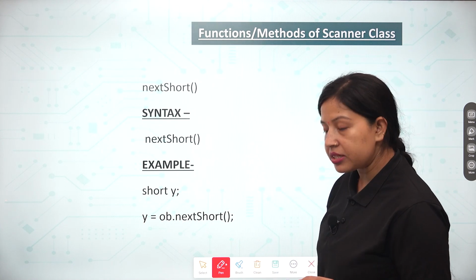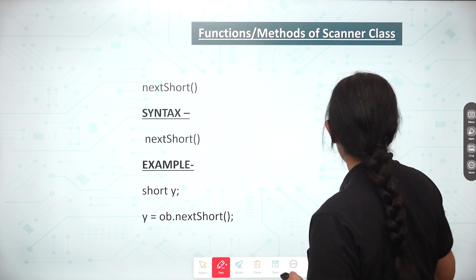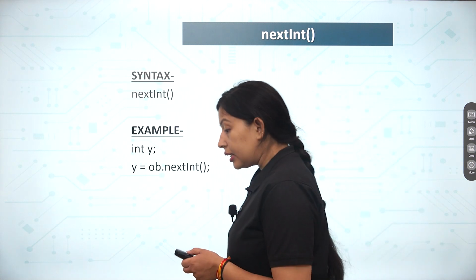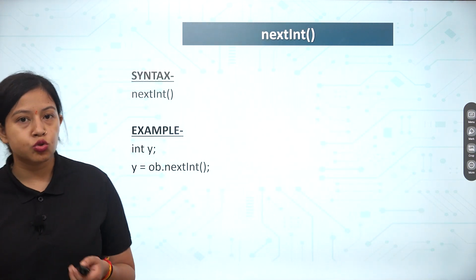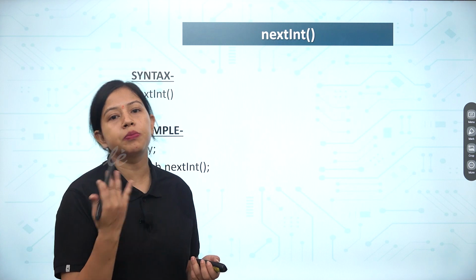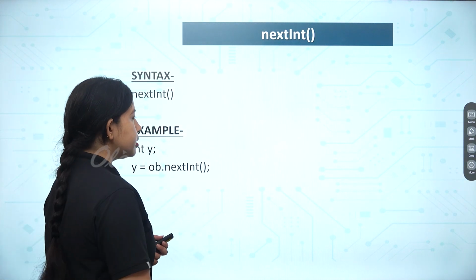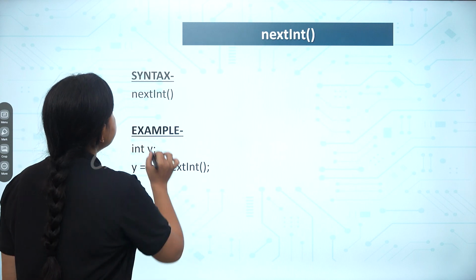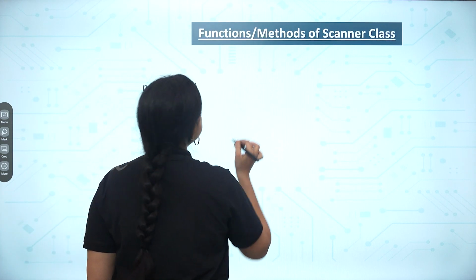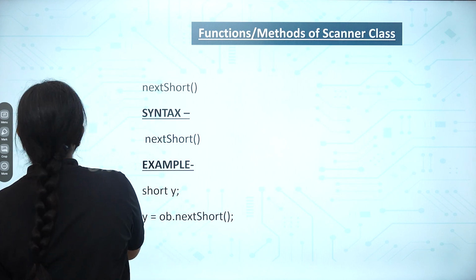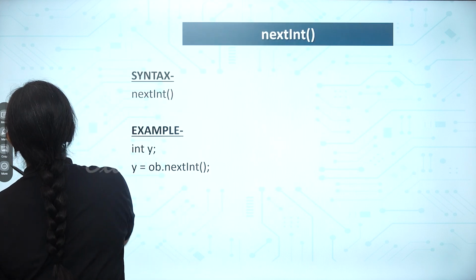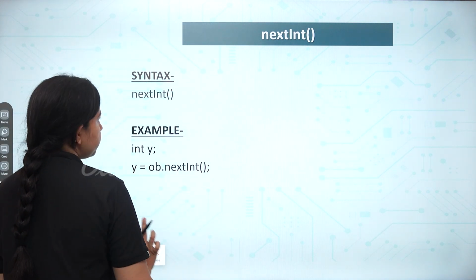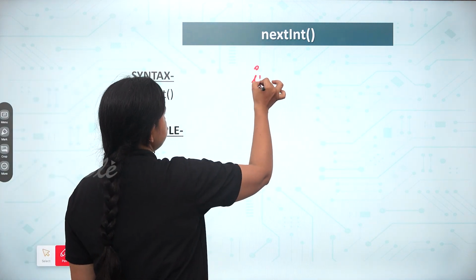Now it's time to discuss the next primitive data type we are having over here, that is called int. Int is one of the important and useful ones because most of the number programs are based on integers and numbers. So remember over here, for integer we are having nextInt. Please remember this thing.